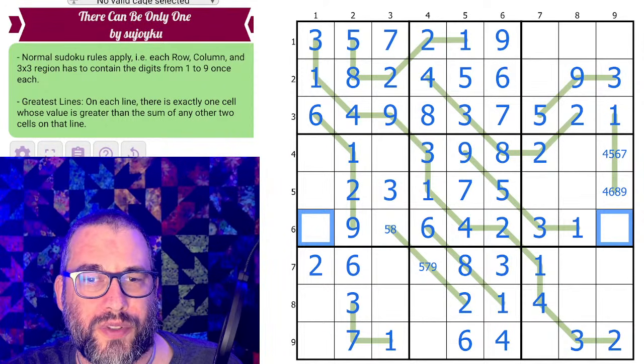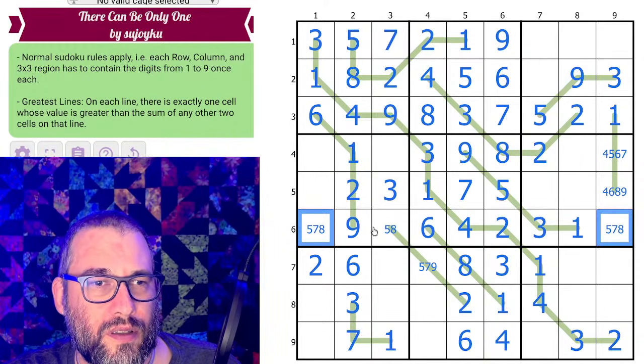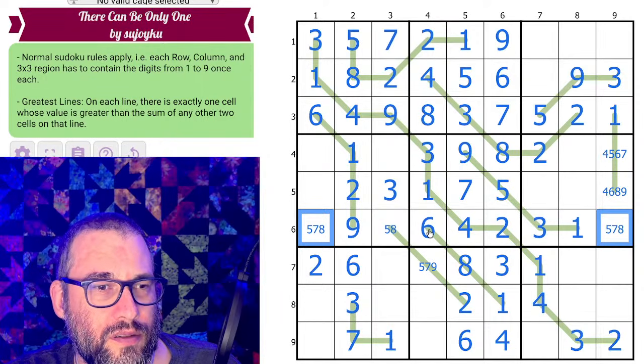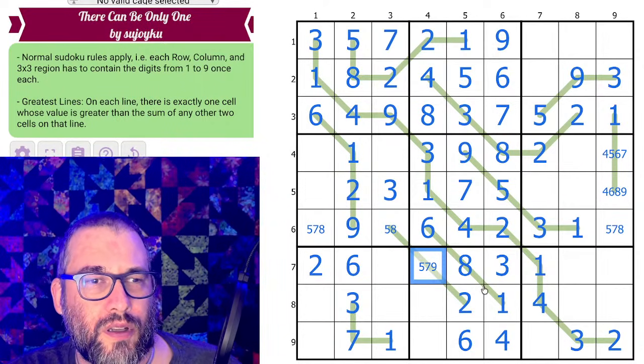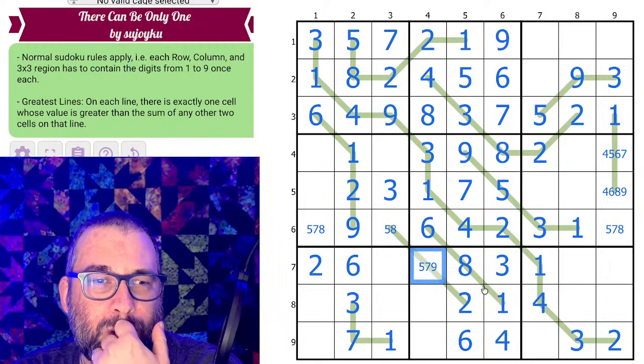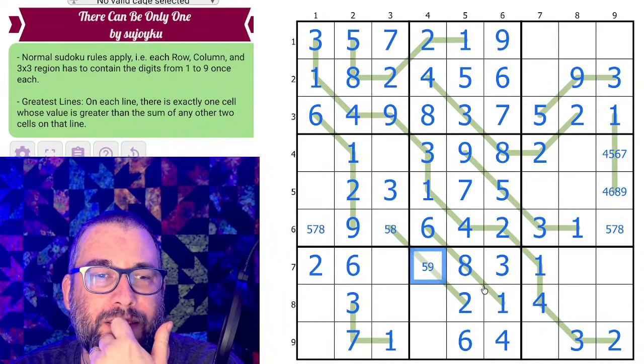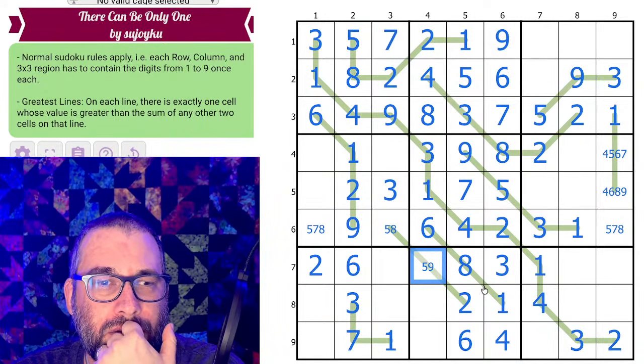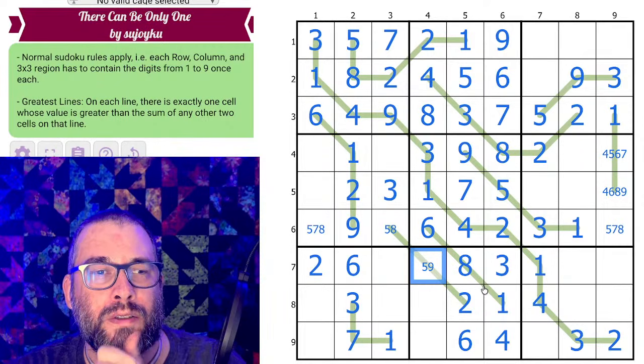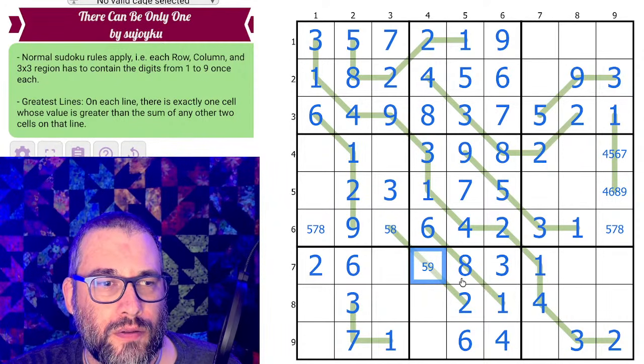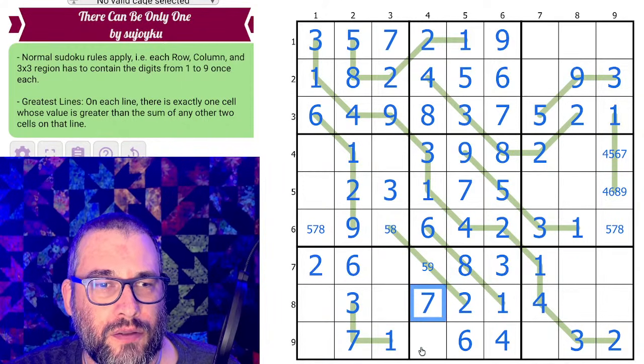Let's do row 6. Yeah, this is never 7. So the 7's going here.